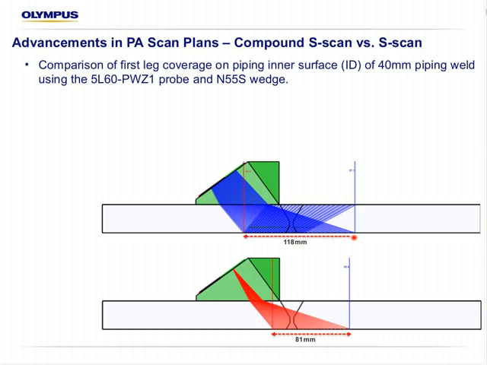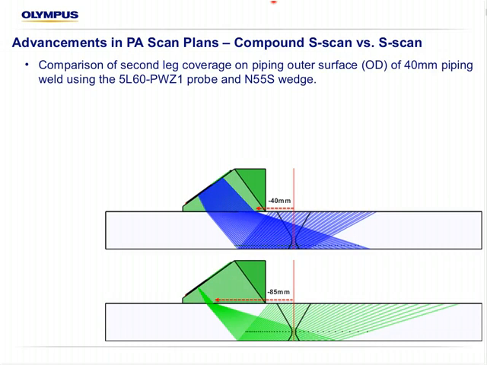Looking at that same comparison in aperture, using a single group of elements for aperture for all angles, in this case, is a much smaller coverage on the ID of 81 millimeters.